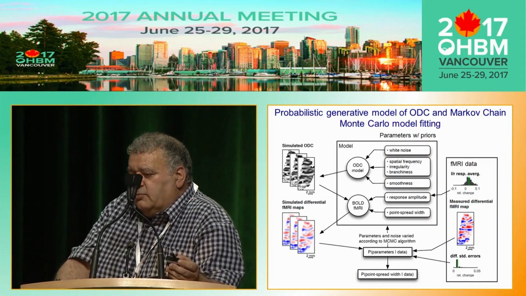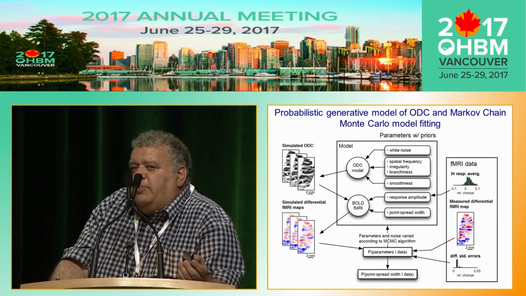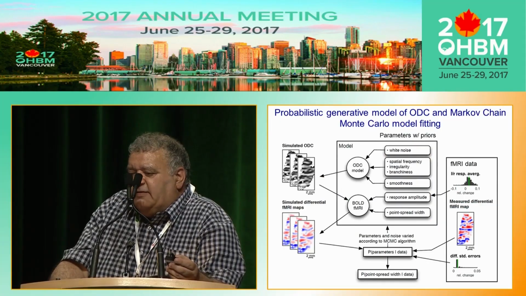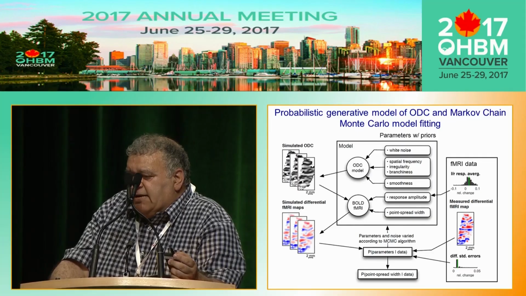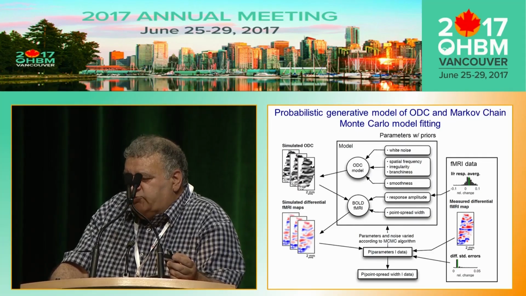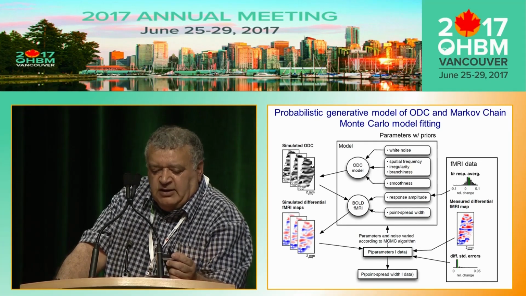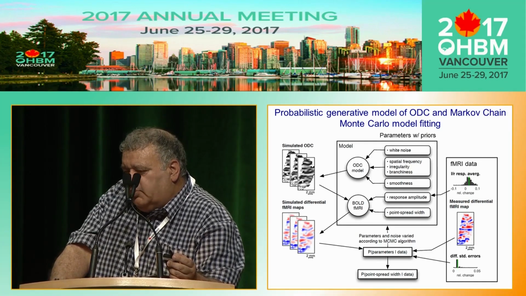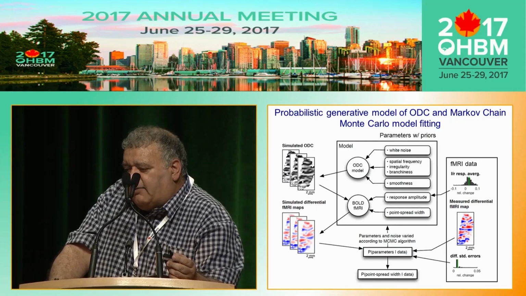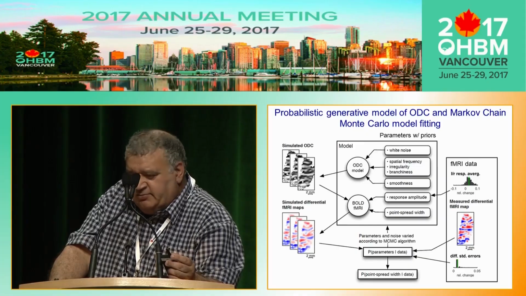The model to the left creates, in each iteration, a probable neurophysiological activity map of ocular dominance response. It then simulates the BOLD response, to the bottom left, and checks the probability of getting this simulated BOLD response given the current parameters and the data, which is presented to the right.